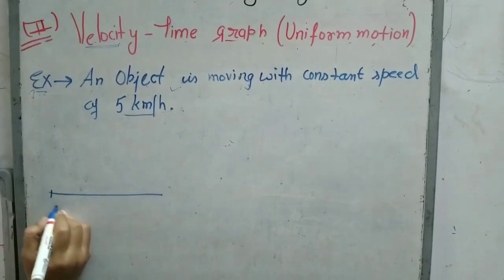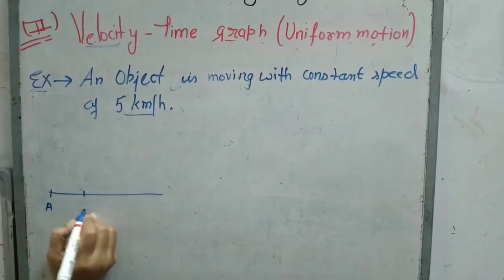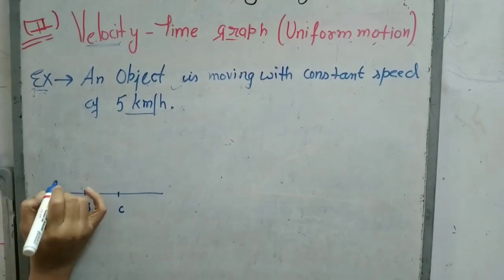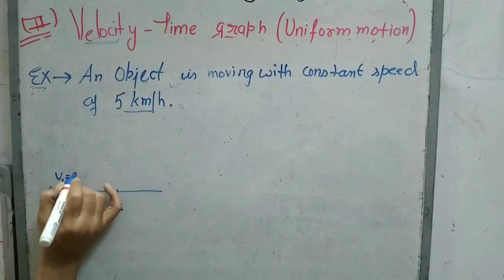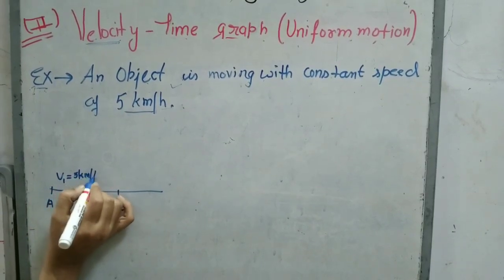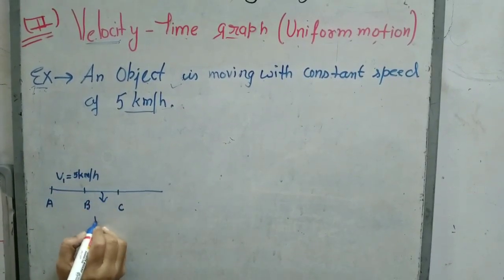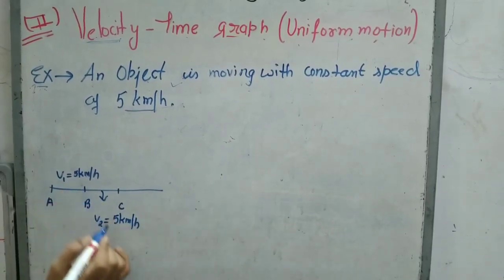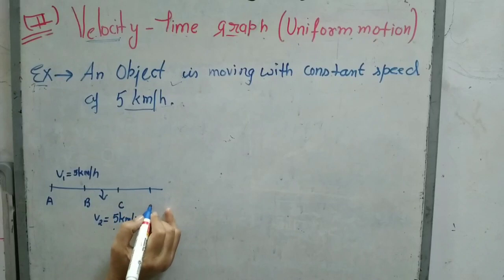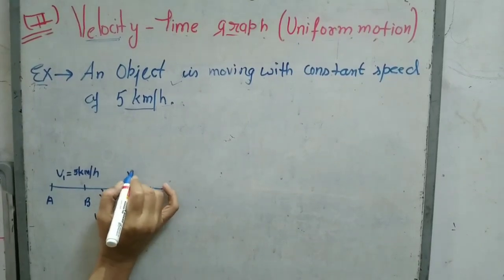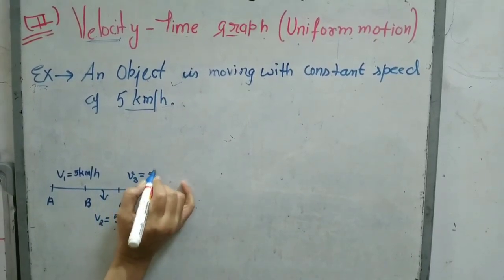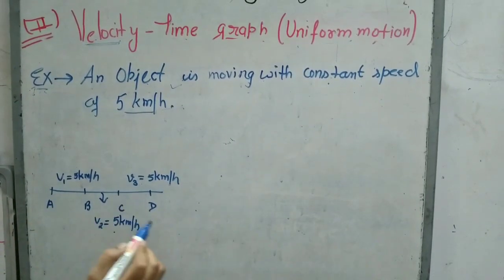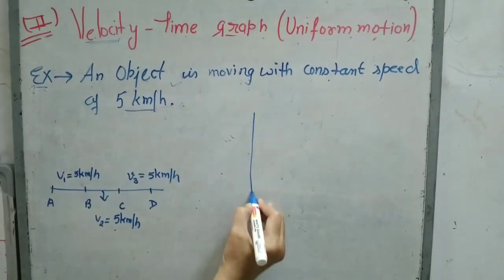That means every 1 hour the object's velocity is fixed. So we can write, suppose for A to B, velocity is 5 km per hour. For BC, V2, suppose we have written velocity is 5 km per hour. Suppose one more cross section, next hour, the velocity will remain the same, 5 km per hour. As we are saying velocity is constant, that means it will remain the same.